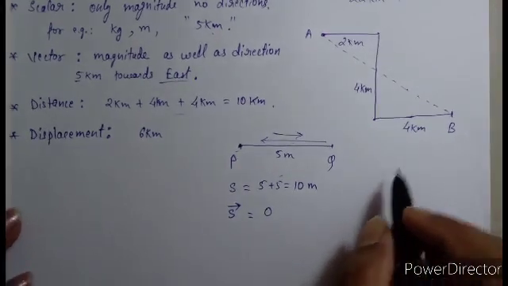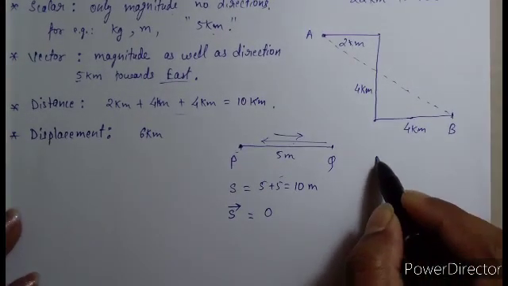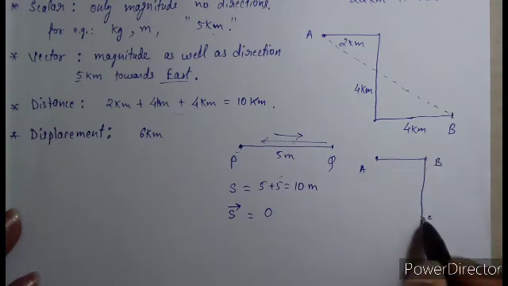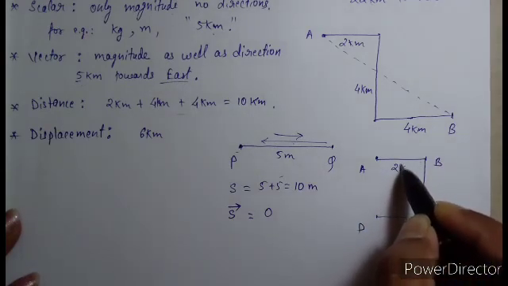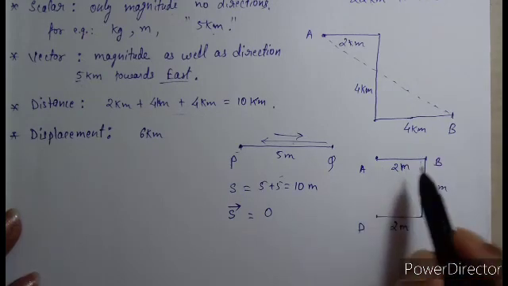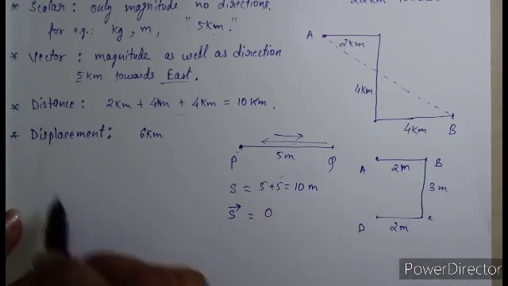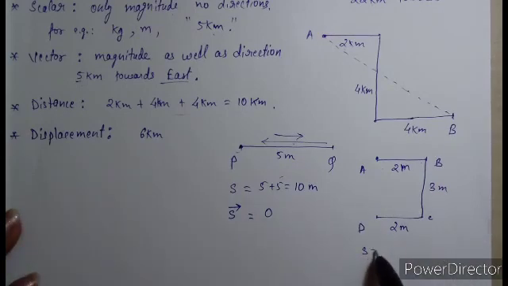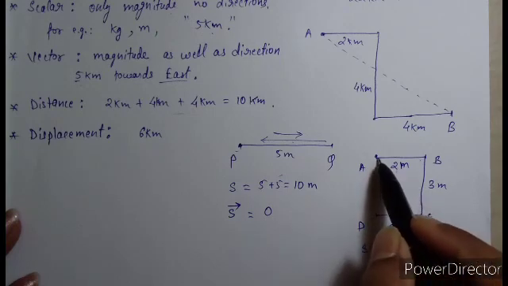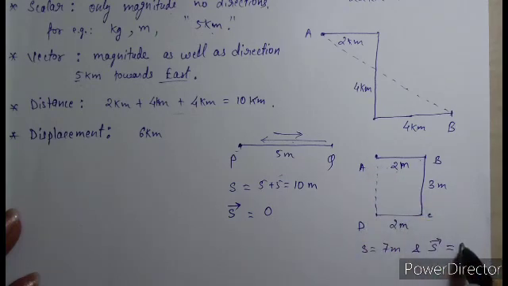Let us take one more example. If an object starts moving from a point A, reaches a point B, then a point C, then a point D, and this is 2 meters, 3 meters, and this is also 2 meters, then the distance is 2 plus 3 plus 2, which is 7 meters, and the displacement is from here to here, which will be 3 meters.